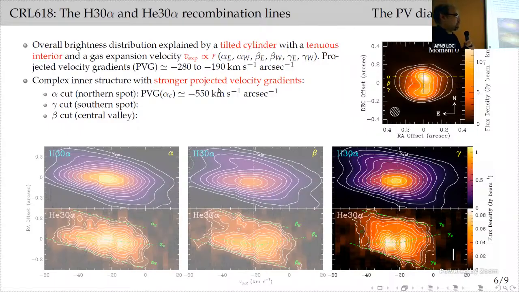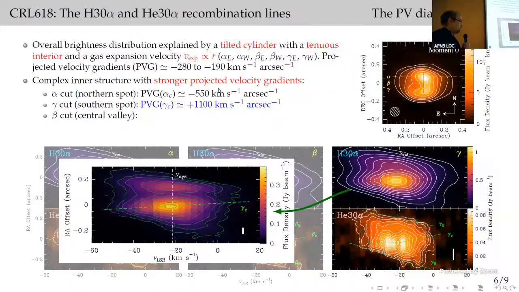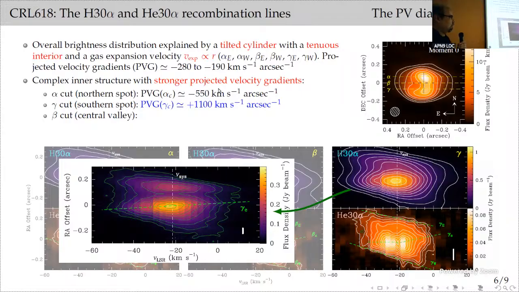This is because these maps are done with not too high resolution. We can get the most from the data and produce this. And this is the same, but the resolution is better. So here it is much clearer that there is a gradient. And the most important thing about this gradient is not the value, it is the sign.